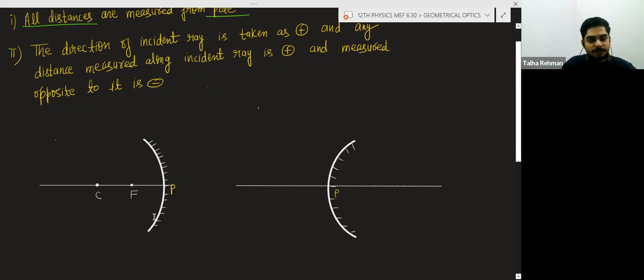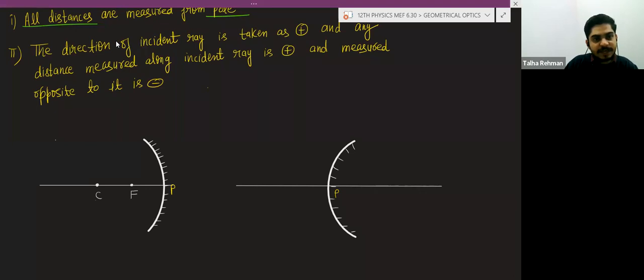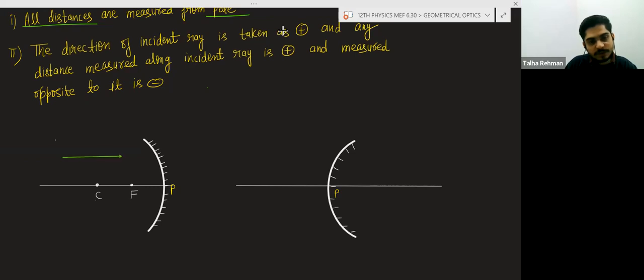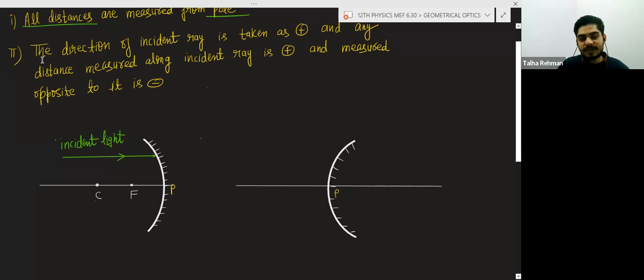Or you can decide from the reflecting surface also. Now suppose the light is incident like this. A green color light is incident on the mirror, going towards the mirror. This is the incident light, or you can say incident ray also. So in this sign convention, point number two, the direction of incident light will be taken as positive for measuring the distance.